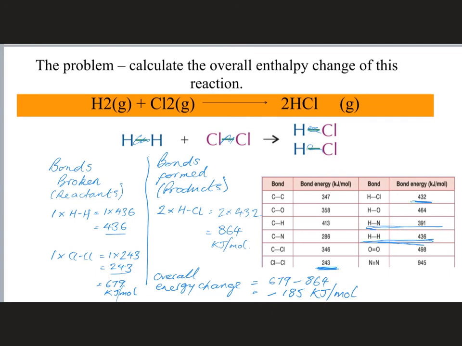And because it's a minus number, you know this is an exothermic reaction.